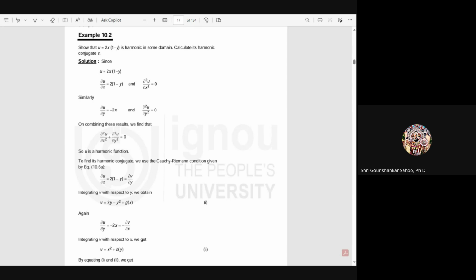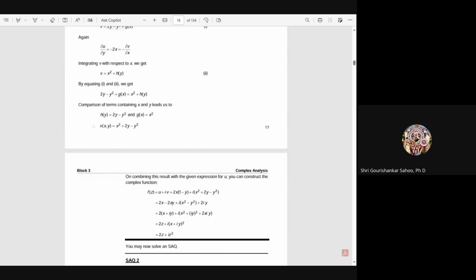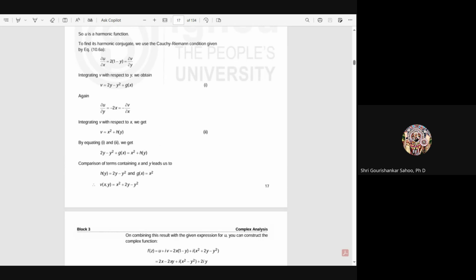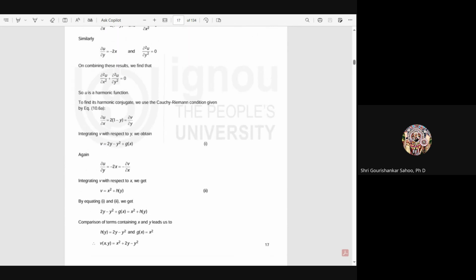Example: if u is equal to 2x(1 minus y), it is harmonic in some domain. See, here they have evaluated del u by del x, which is equal to del v by del y, equal to 2(1 minus y).